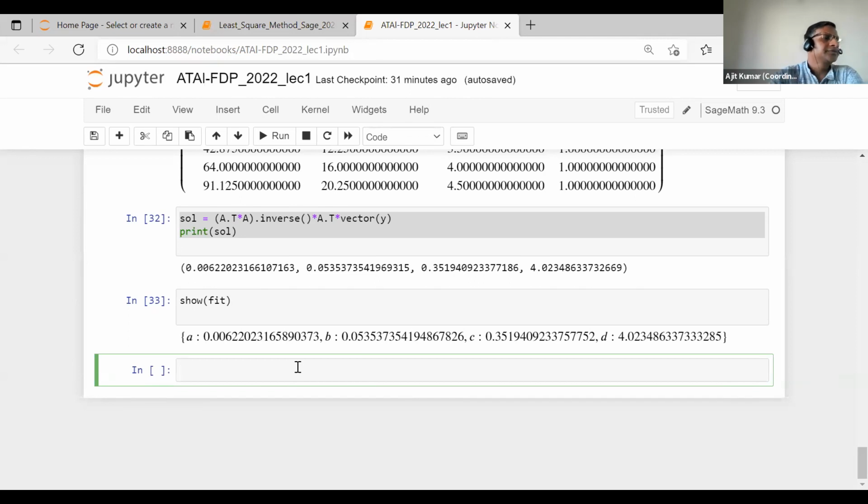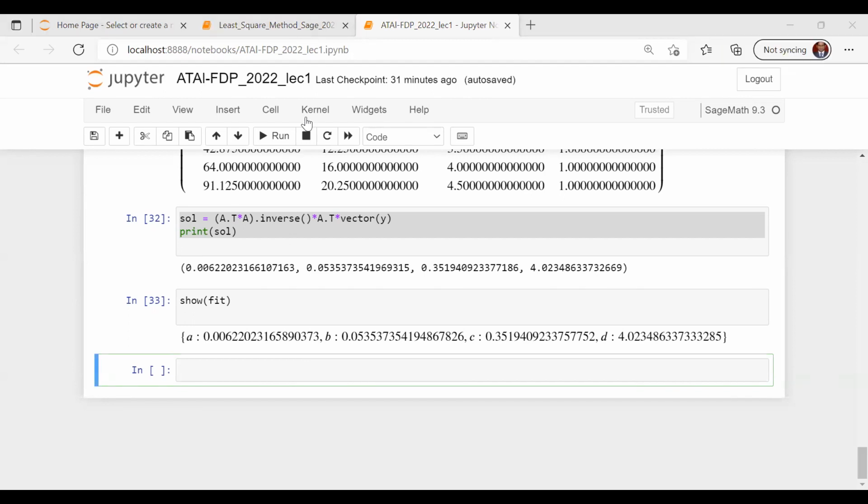Four people have done. Srimanto has done. Good. Does anybody have any difficulty? If you have any difficulty, you can ask.